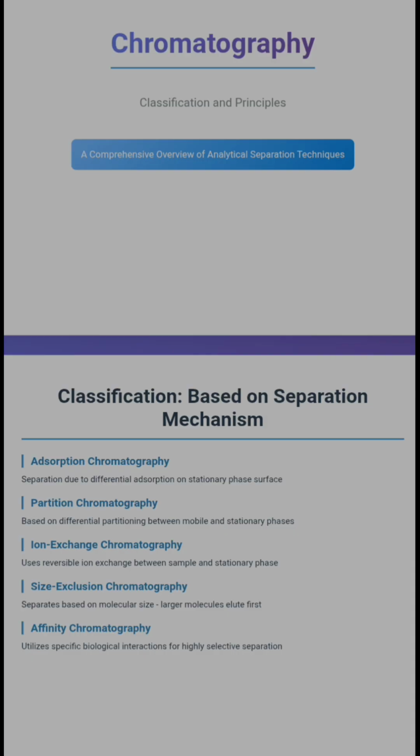I will discuss first adsorption chromatography. Separation is due to differential adsorption on the surface of the stationary phase. Second, partition chromatography is based on differential partition between the mobile and stationary phases. Third, ion exchange chromatography uses reversible ion exchange between the sample and the stationary phase.